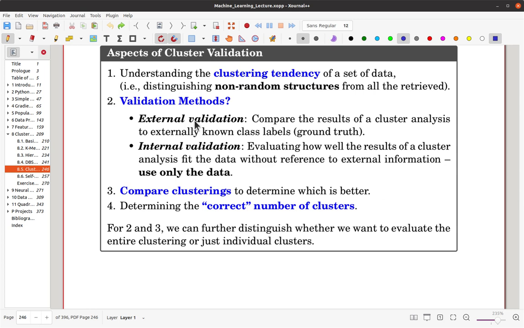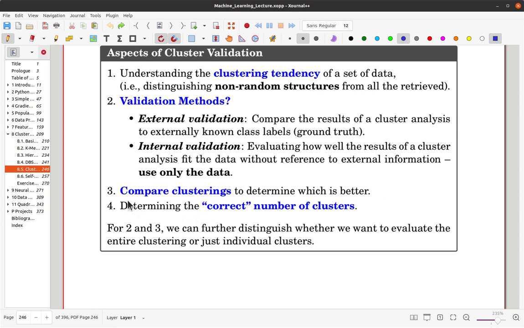External validation means using some externally known labels, ground truth labels. So once it is known, that is quite easy. Now, for internal validation, we are using all the data, so it's not so simple.